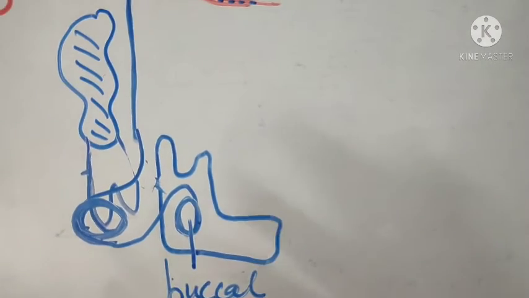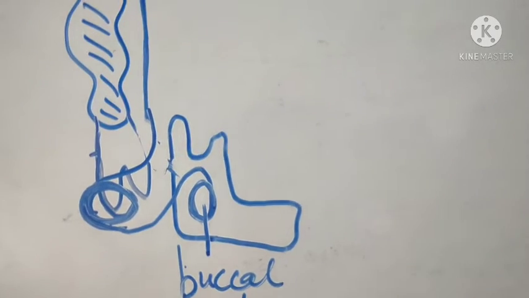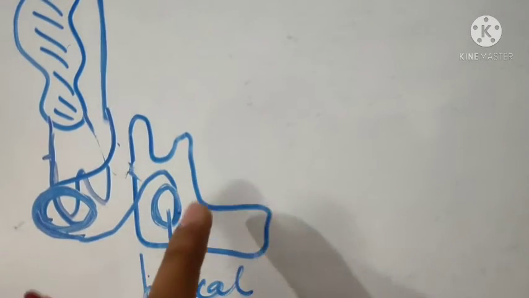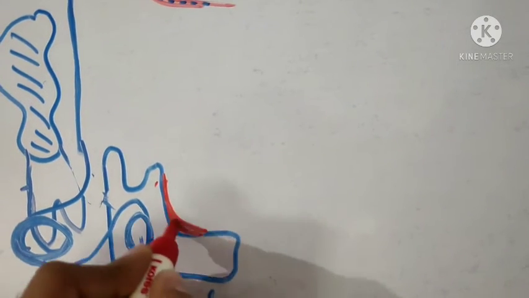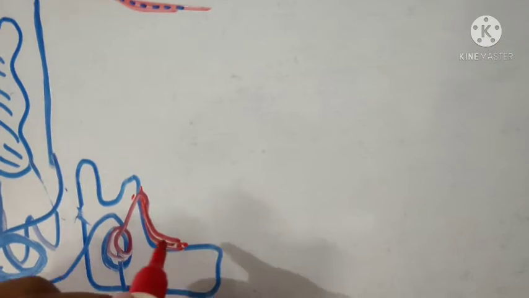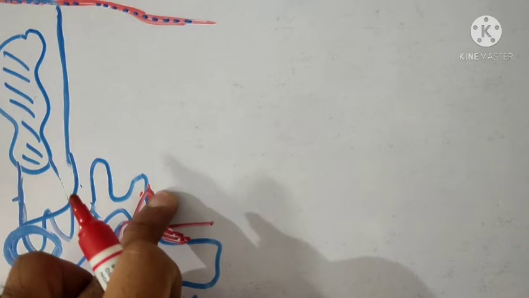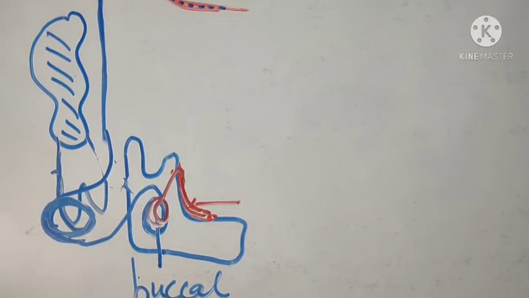The temporal emerges on the anterior surface of the ramus of mandible, because the temporalis muscle is joined to the coronoid process and the anterior border of the ramus of mandible.